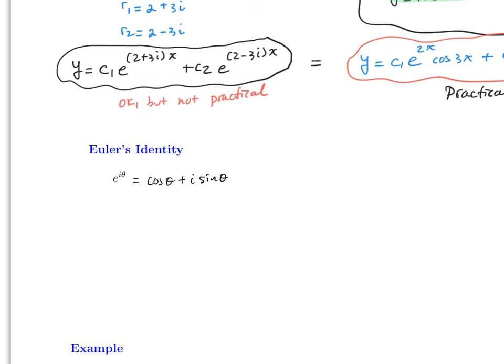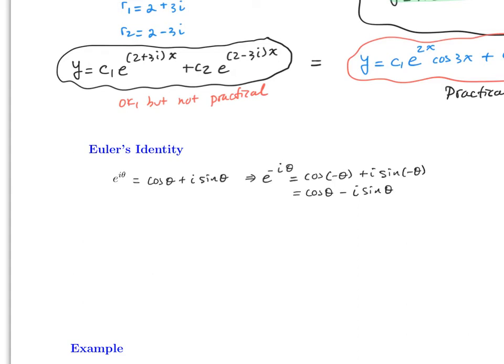Therefore, e to the minus i theta equals cosine of minus theta plus i sine of minus theta, which equals cosine theta minus i sine theta.